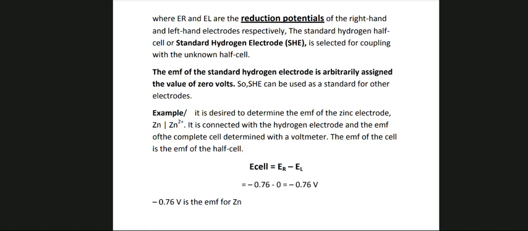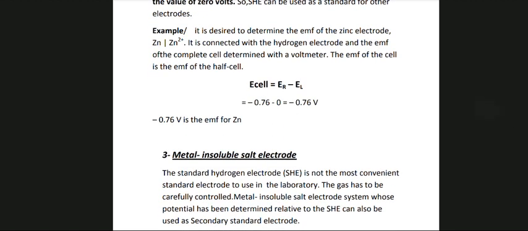It is connected with the hydrogen electrode and the EMF of the complete cell is determined with a voltmeter. The EMF of the cell is the EMF of the half cell. E cell = ER - EL, that is -0.76 - 0 gives -0.76 volts. -0.76 volt is the EMF for Zn, that is zinc.